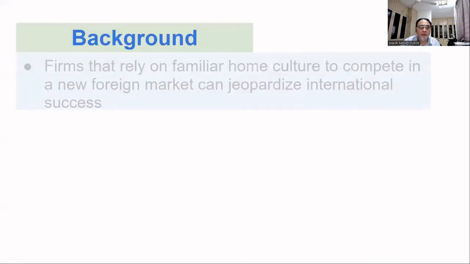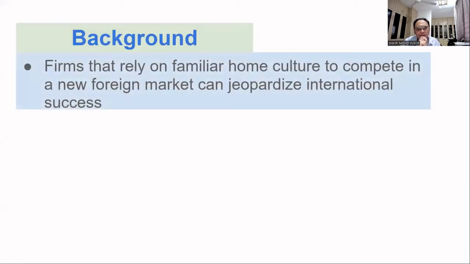Now, actually, firms that rely on their familiar home culture to compete in a new foreign market can actually jeopardize their international success. Because when you go abroad, you must not be stuck to your way of doing things.